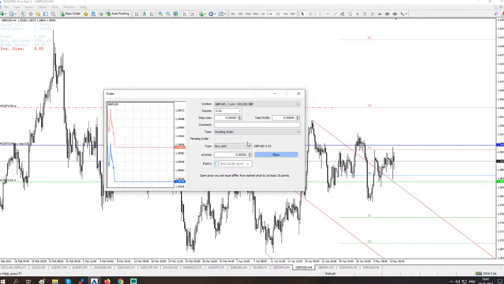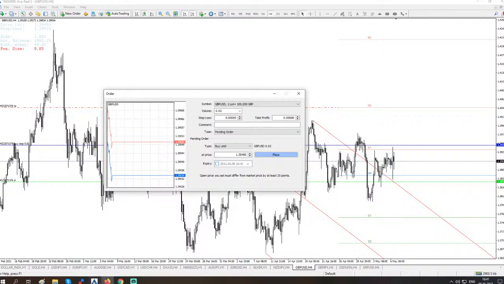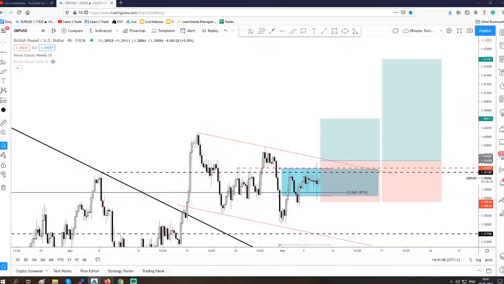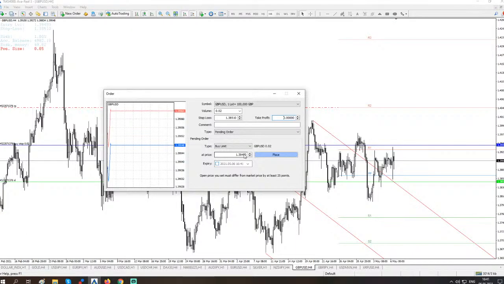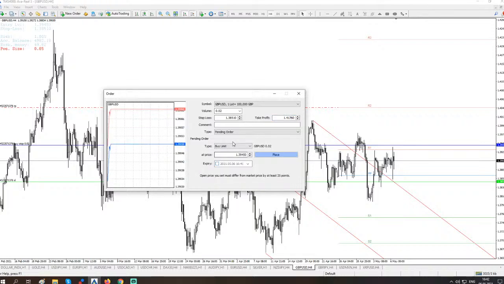If you cannot afford it, you don't have to open this trade. 45 here. Okay, the same stop loss, 38.51, and our second take profit 1.4176, 76 guys, placed. Oh, whoa. Buy stop, not buy limit.